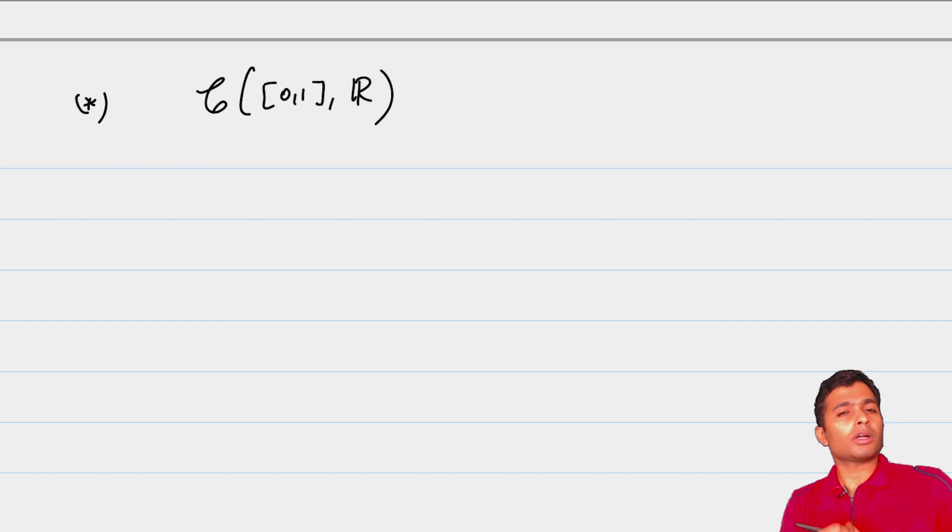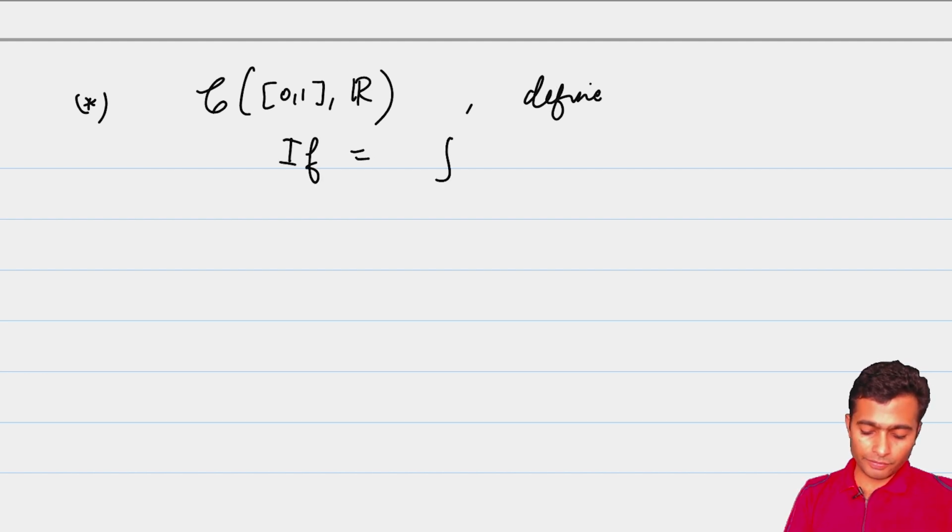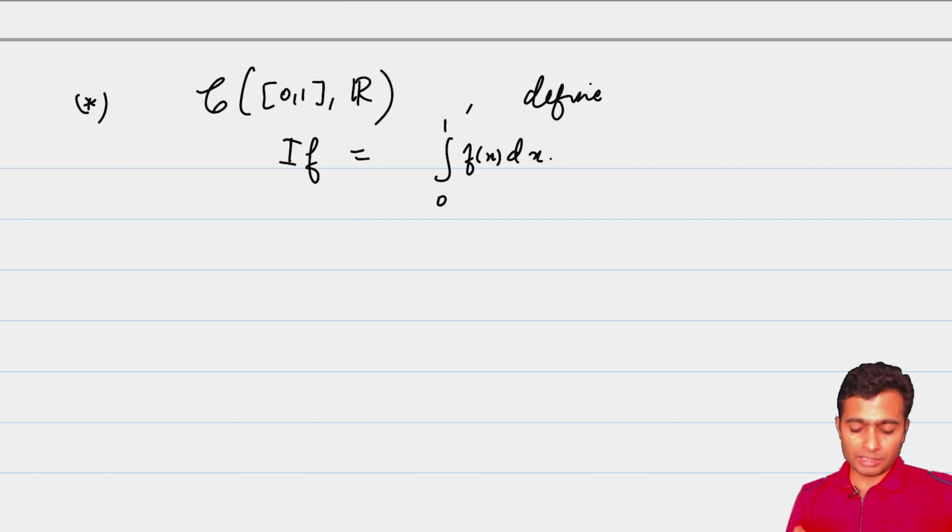Okay, how about some other examples? So example 2, maybe C[0,1], the space of all continuous functions on the interval [0,1], and we defined I of f, the integral of f, to be the integral from 0 to 1 of f of x dx. We assumed it from the knowledge of a real analysis course that this is going to be a linear transformation.